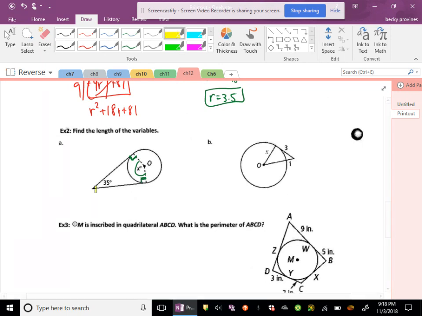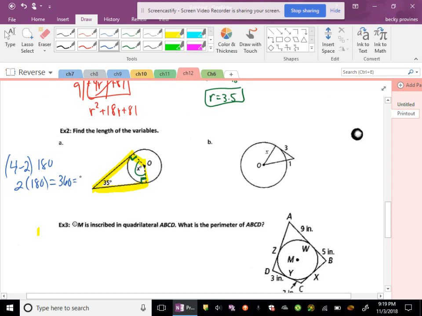Now, this right here is a four-sided polygon. How many degrees are in a four-sided polygon? Now, guys, we learned this a couple chapters ago. 4 sides, subtract 2 times 180. So that's really 2 times 180. And that is 360.